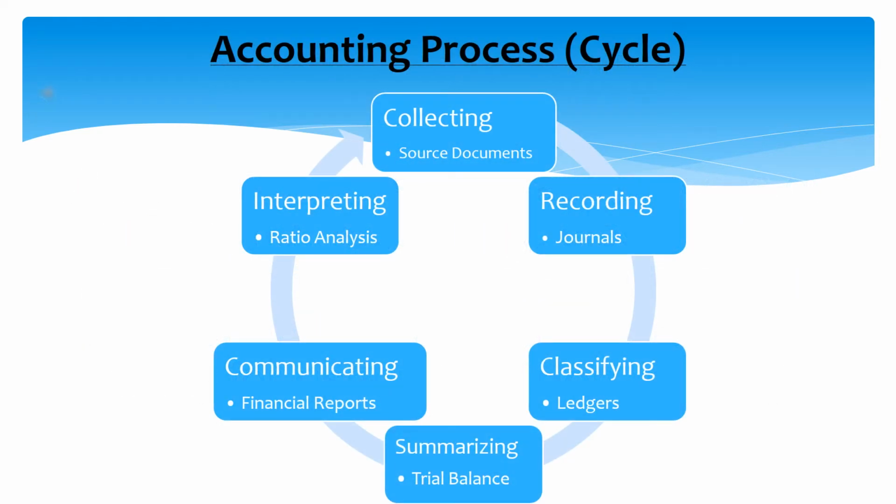Therefore, the accounting process, which is also known as the accounting cycle, begins at collecting financial transactions, which is done through source documents, then recording them on the journals, classifying them on the ledgers and the ledger accounts, then summarizing through trial balance and adjusted trial balance, and communicating financial reports and financial statements, and finally, interpreting through ratio analysis.